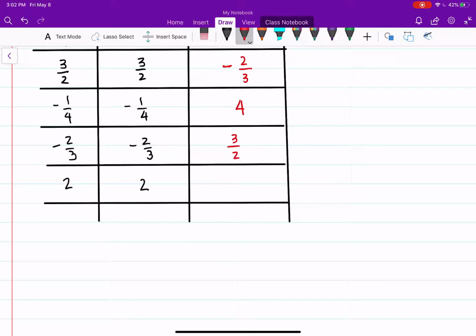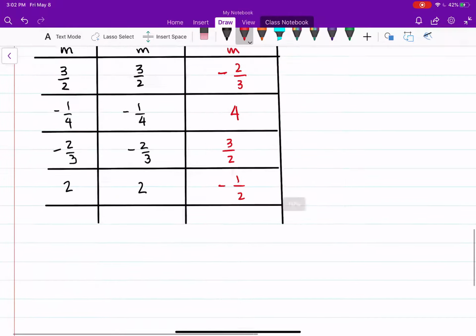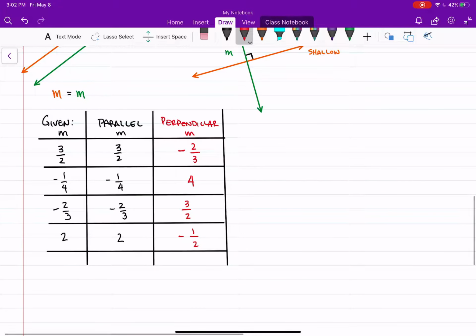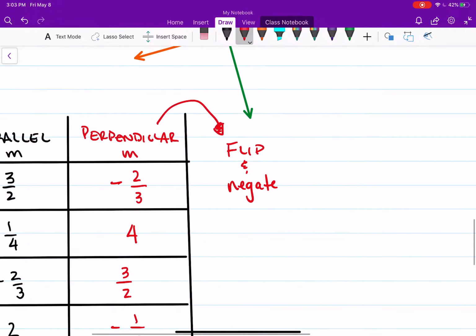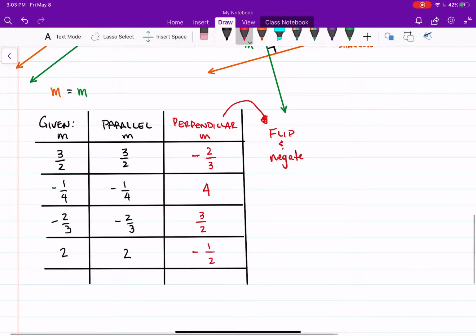Negate it, since it's positive, it's going to become negative. And if you flip 2 over 1, it'll be 1 over 2. So it's negative 1/2. Okay, so perpendicular: flip and negate. Negate means to flip the sign.